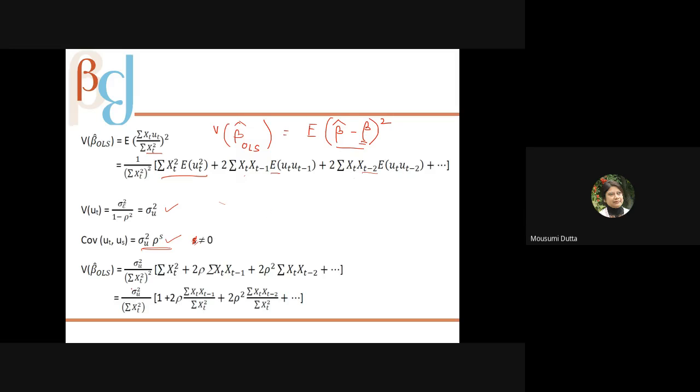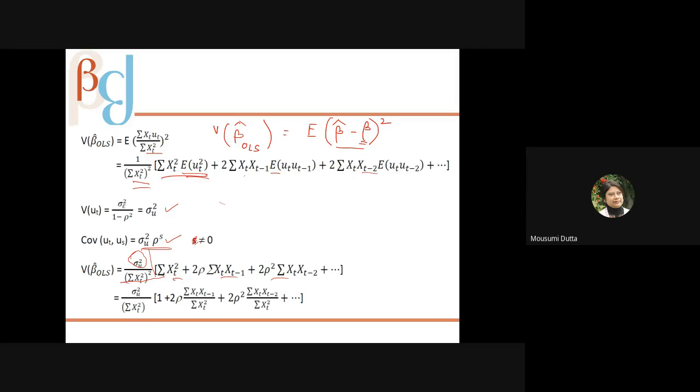Okay, so in place of expectation ut square, I am putting summation xt square sigma u square. In the rest of the space, in place of expectation of ut ut minus 1, I am putting sigma u square rho to the power s. So sigma u square is everywhere, so I can take sigma u square common. So sigma u square divided by summation xt square, this part I am keeping here.